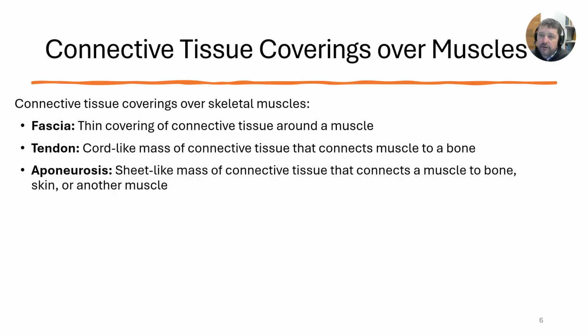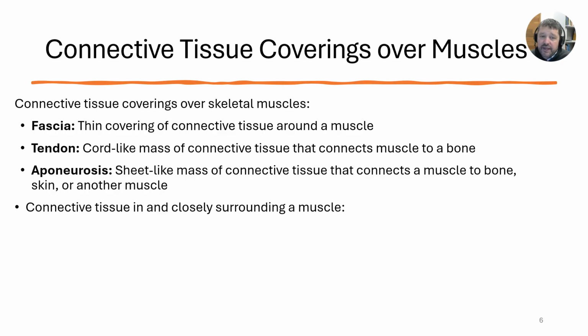A tendon is going to be a cord-like mass that comes off of the muscle and connects it to bone. And an aponeurosis is going to be a sheet-like connective tissue. Sometimes you'll see these sheets that cover, especially on places like the scapula, where the sheet will cover the muscle and kind of protect it, or cover it and connect it to another muscle.